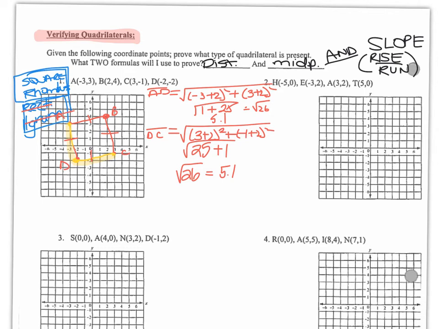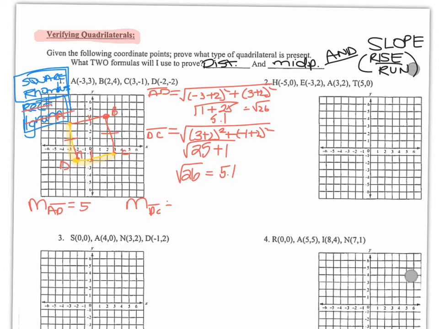What's the big difference between being a square and being a rhombus? The big difference is that a square has 90-degree angles. So how do I prove that this angle right there is 90? Their slopes have to be perpendicular. So I'd have to find the slope of AD, and then the slope of DC. Slope of AD: I start on D, rise over run, 1, 2, 3, 4, 5 over 1.